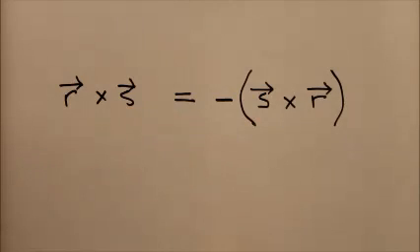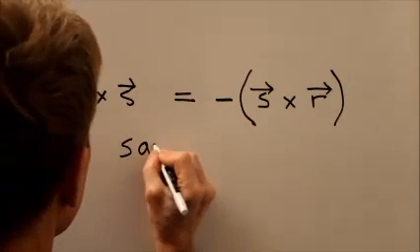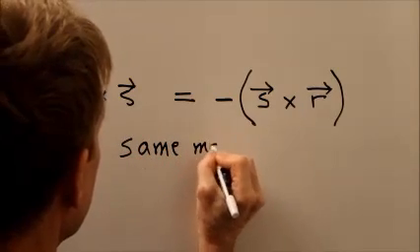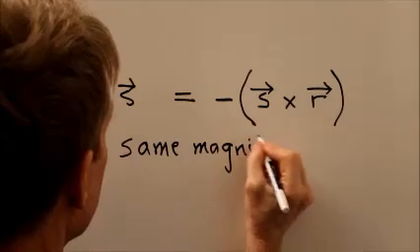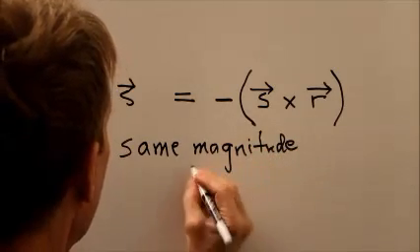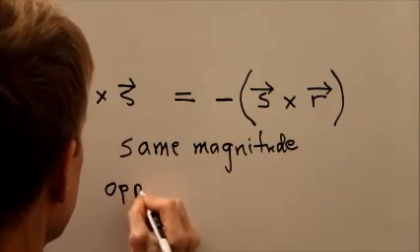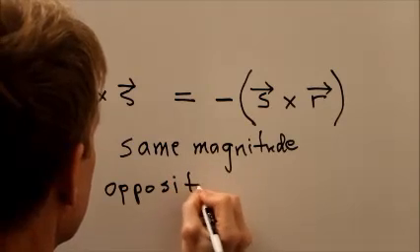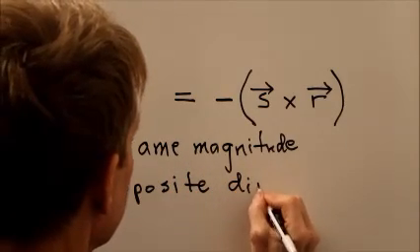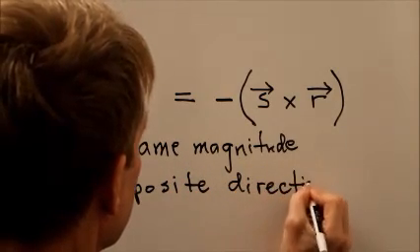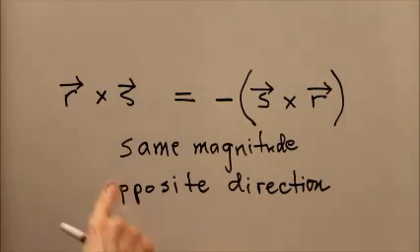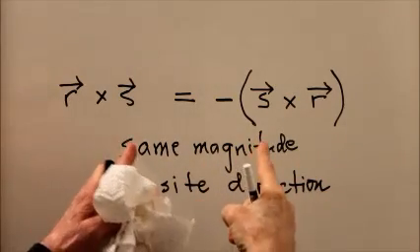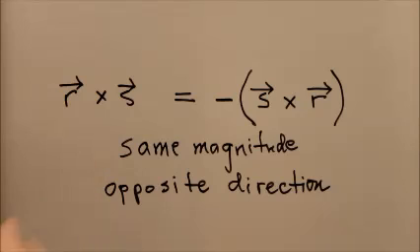And by negative, we mean in the case of a vector that it has the same magnitude but the opposite direction. The same length, the same actual length, but it points in exactly the opposite direction.